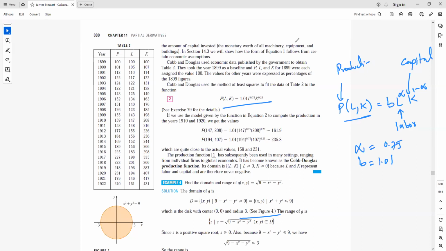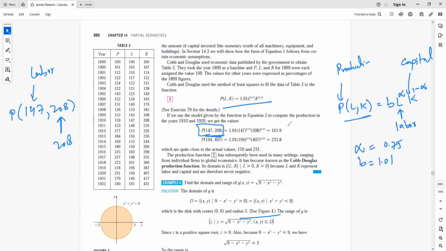Now from here we can find any value, like if we are interested in finding p of 147 comma 208, which means that the labor is 147 and the capital invested is 208.